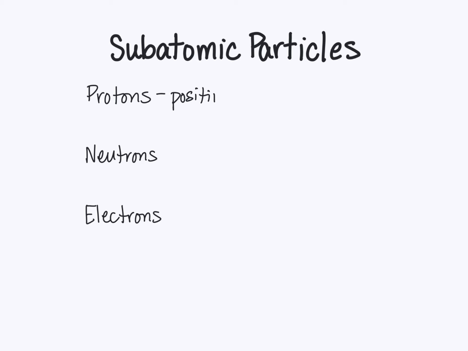These three particles are known as protons, neutrons, and electrons. Protons are positively charged, and they are located in the nucleus of an atom.